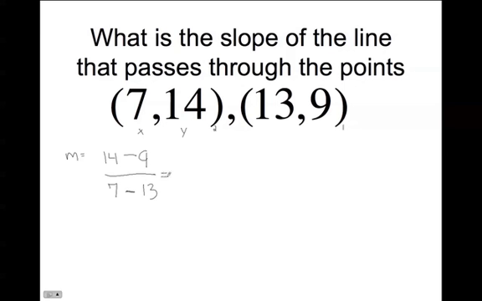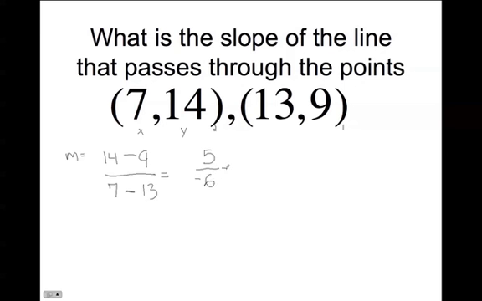All right, so let's see. We're going to do the math and simplify our numerator and simplify our denominator. So 14 minus 9 is going to give us 5 over 7 minus 13 is going to give us a negative 6.